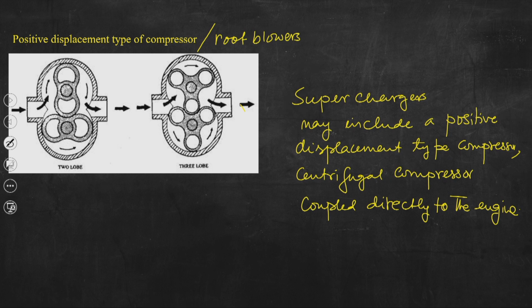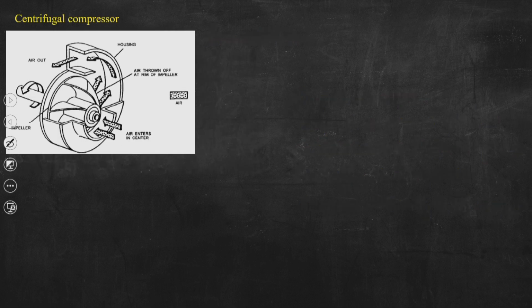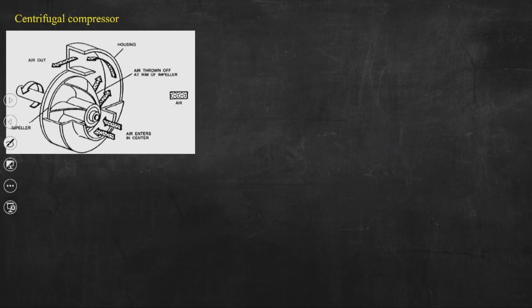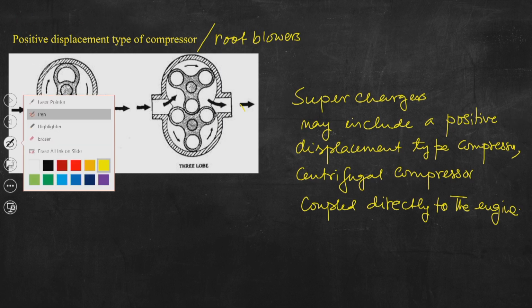Roots blowers can have 2 lobes, and they can have 3 lobes also. So, if I go to the positive displacement type, I am writing here positive displacement type.